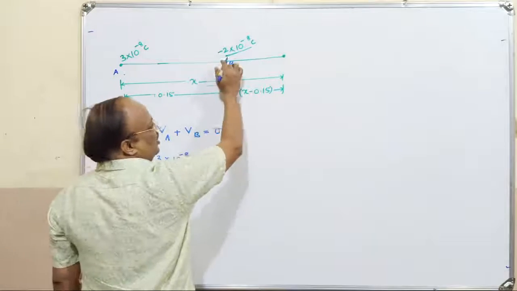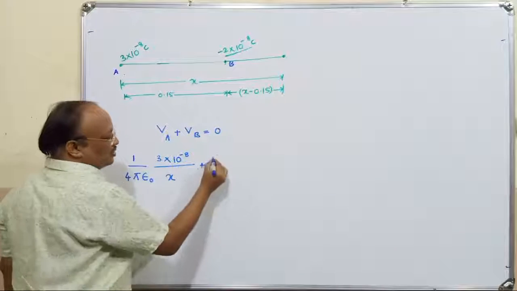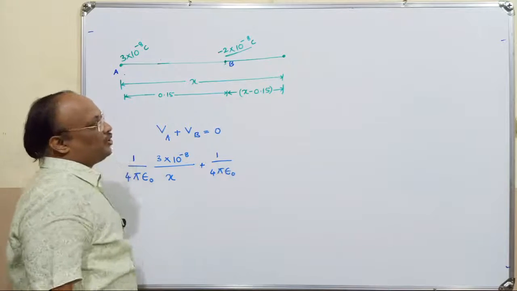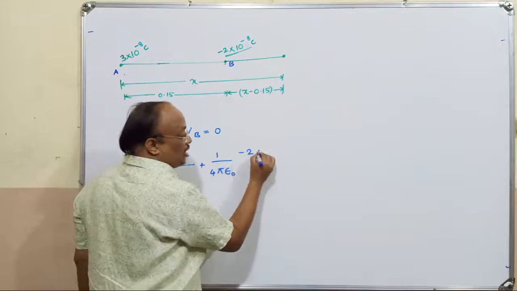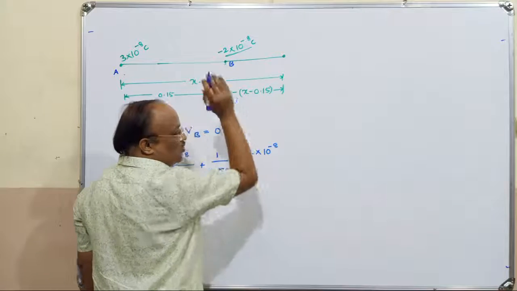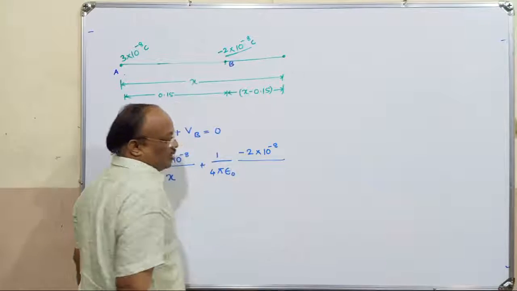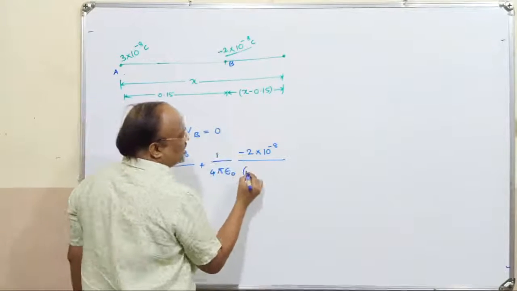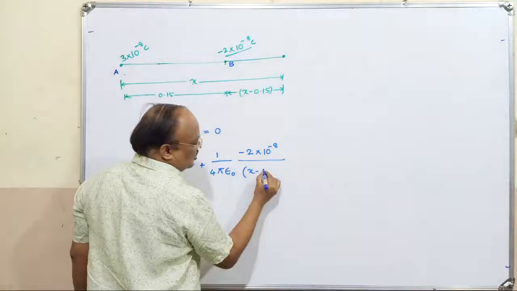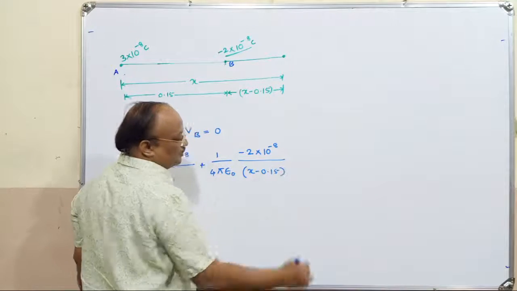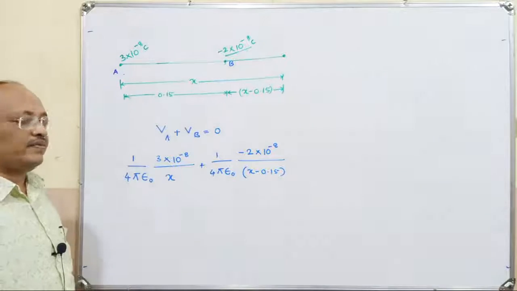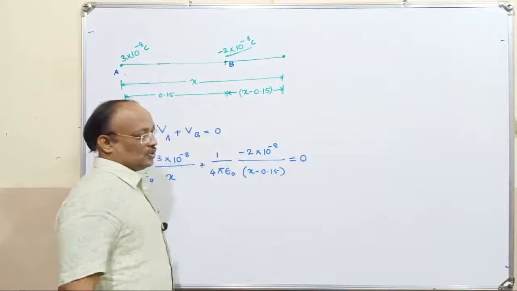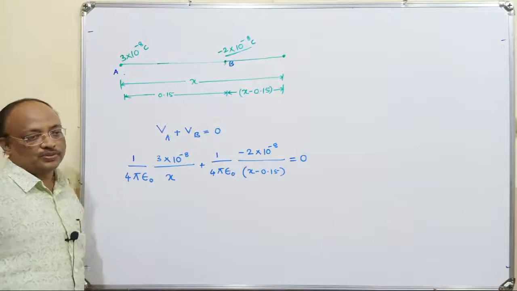Potential due to B at this point is 1 by 4 pi epsilon naught, QB is minus 2 into 10 to the power of minus 8, and it is at a distance of x minus 0.15. Sum of these two is equal to 0.